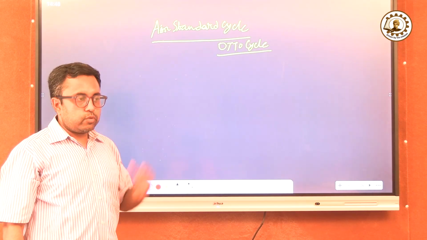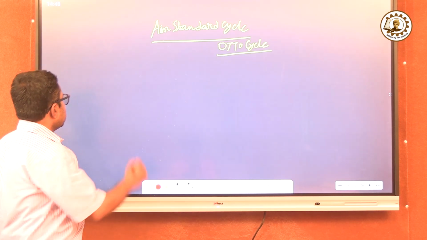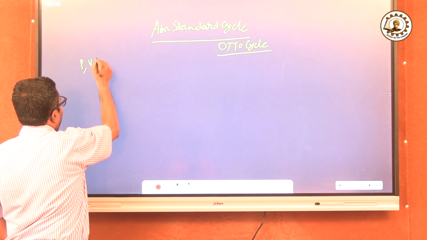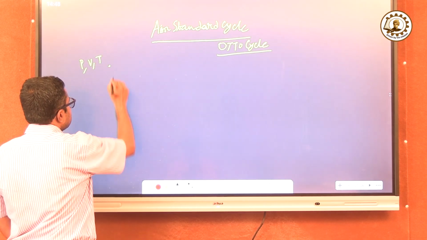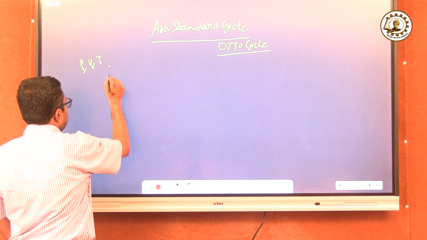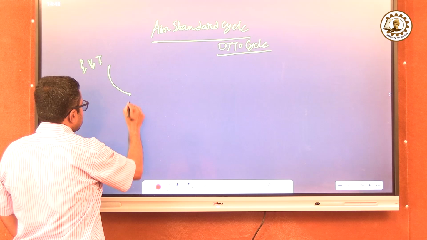In our previous semester, whenever we talked about thermodynamic properties, we said that if the thermodynamic properties like pressure, volume, temperature at a certain point are P1, V1, T1, we go through a path and reach another point.